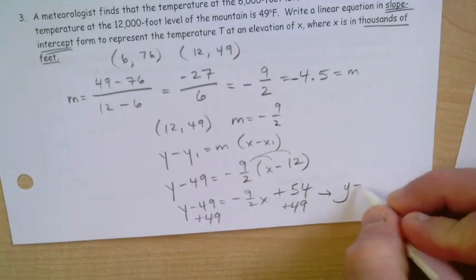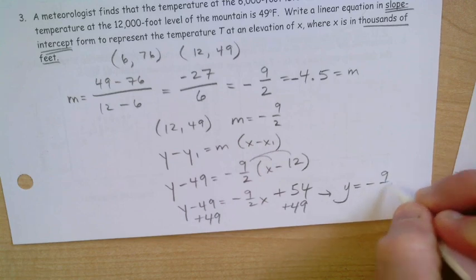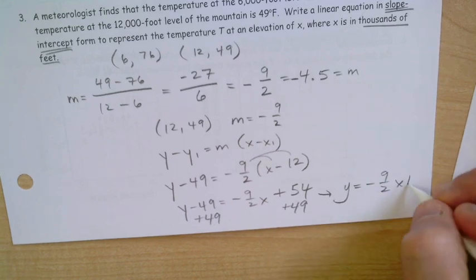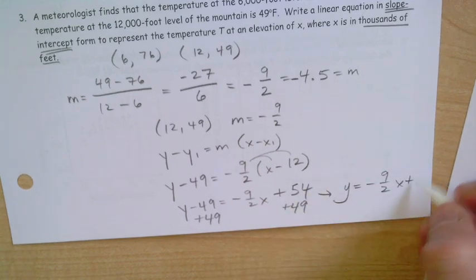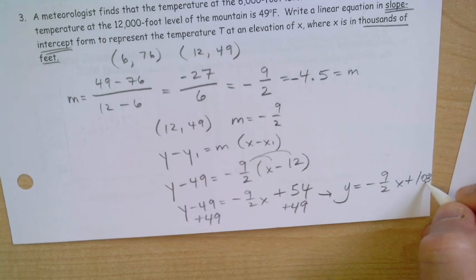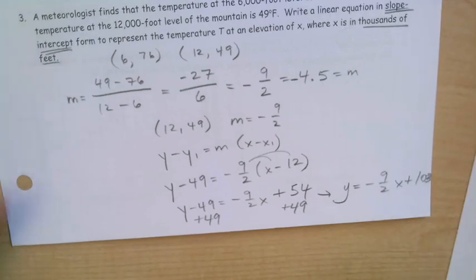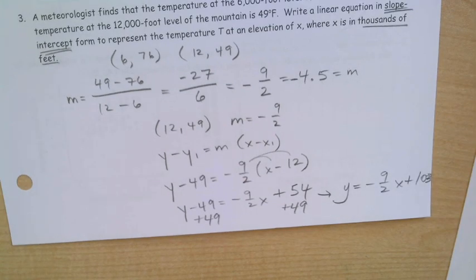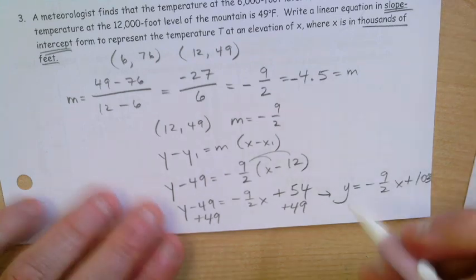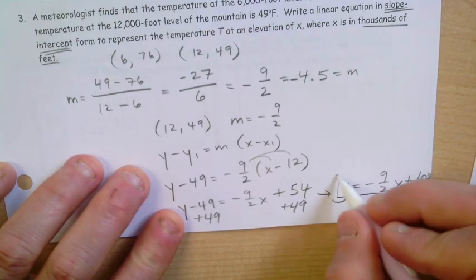So y equals negative 9 over 2 x plus 103. And there you go. You have the equation of a line that would represent those 2 points in slope-intercept form. Okay?